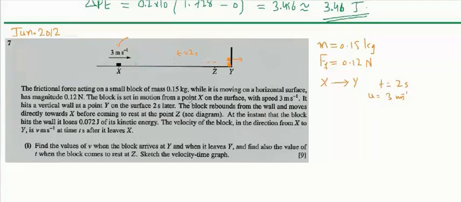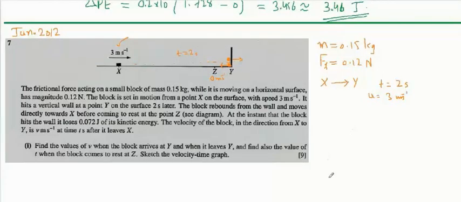The block rebounds from the wall and moves directly towards x before coming to rest at the point z. After hitting the wall, it rebounds and goes in this direction, towards x, but it will not reach x due to the friction. It will stop at the point z, so at z the speed is 0 meters per second.